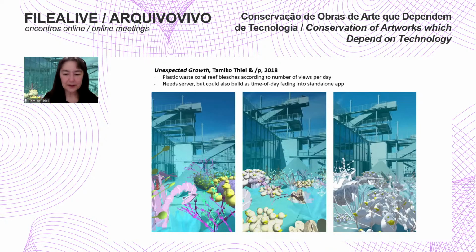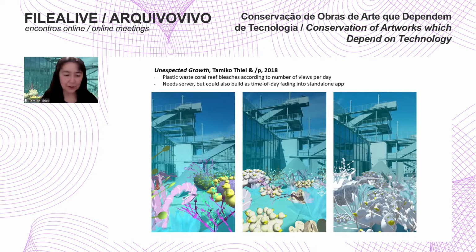And we had another aspect, which was server driven, was that we looked to see how many people are downloading the app on that day. And the more people who download it, the more the corals bleach. So if you come on a Friday or Saturday when they're showing the piece, then you might actually see almost white corals.